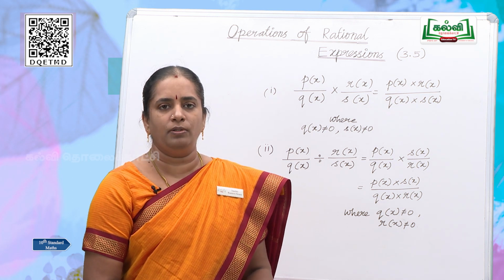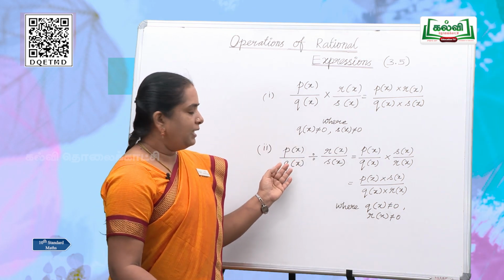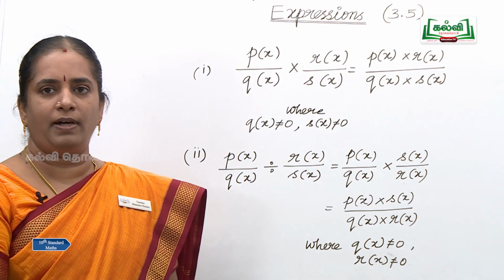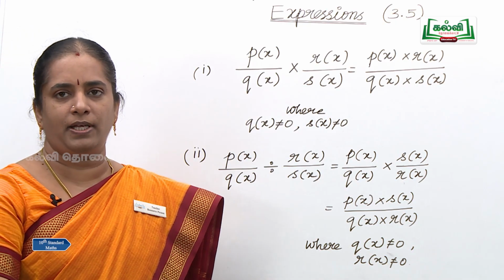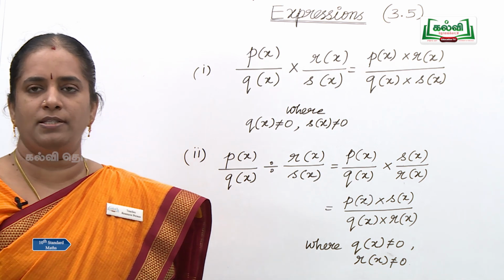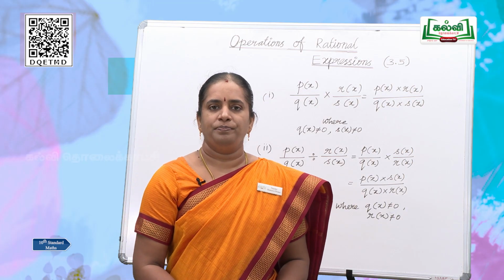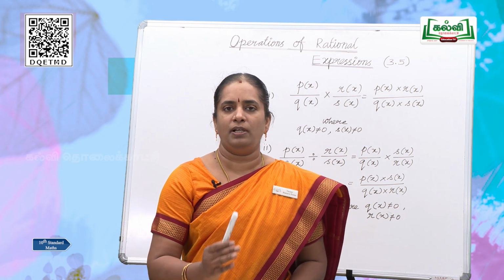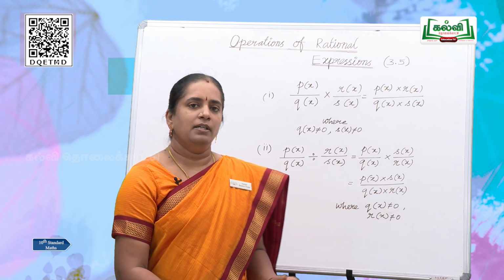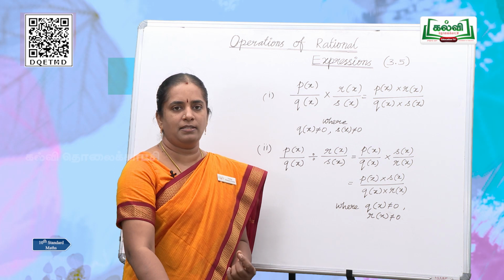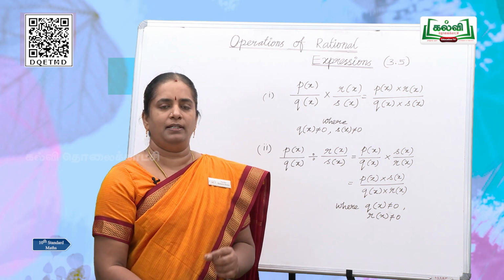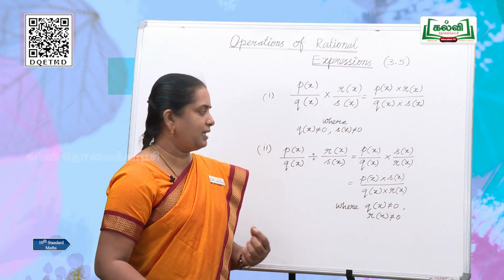In the next one, dividing two rational expressions, we follow the same method as we follow for numbers. If p of x by q of x is divided by r of x by s of x, we change it to multiplying by the reciprocal of the second rational expression.